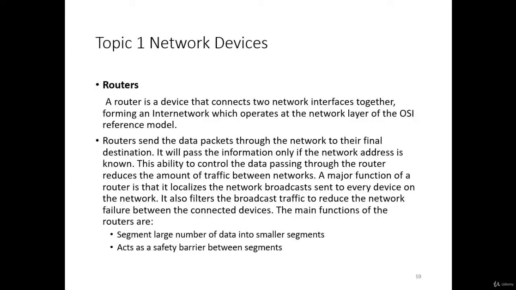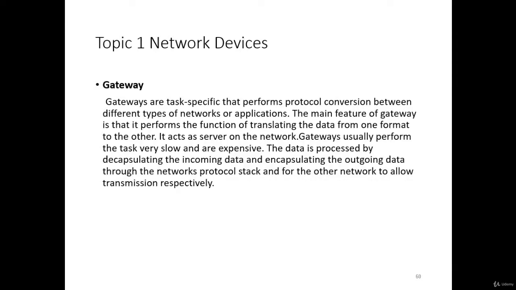Gateway. Gateways are task specific and perform protocol conversion between different types of networks or applications. The main feature of a gateway is that it performs the function of translating the data from one format to the other.